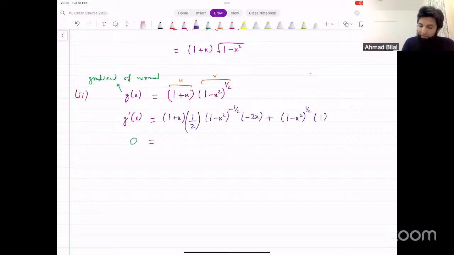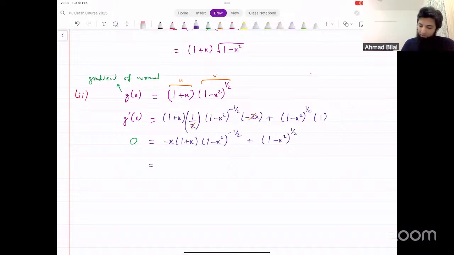On the right side, now we have 1 over 2 and minus 2 there. They get cancelled. And we have 1 plus x, and there's a minus x from here. Let me write that in the beginning. Minus x times 1 plus x into 1 minus x squared whole power minus 1 over 2. And then the next term is 1 minus x squared whole power 1 over 2.